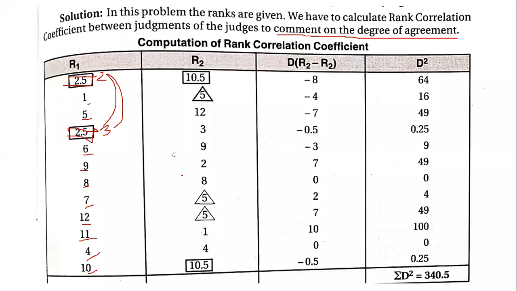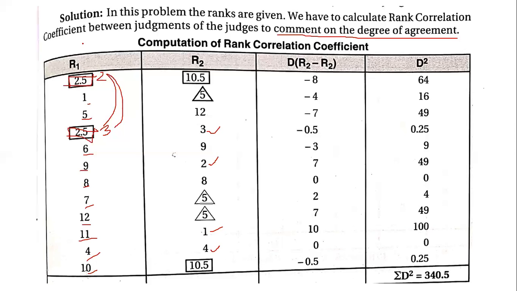Okay, now let us go to R2. Now in R2, the first rank is given here, and there is no repetition of first rank. So we'll keep the first rank as it is. Next, second rank also there is no repetition. Then third rank, no repetition. Now let us check fourth rank also, there's no repetition.